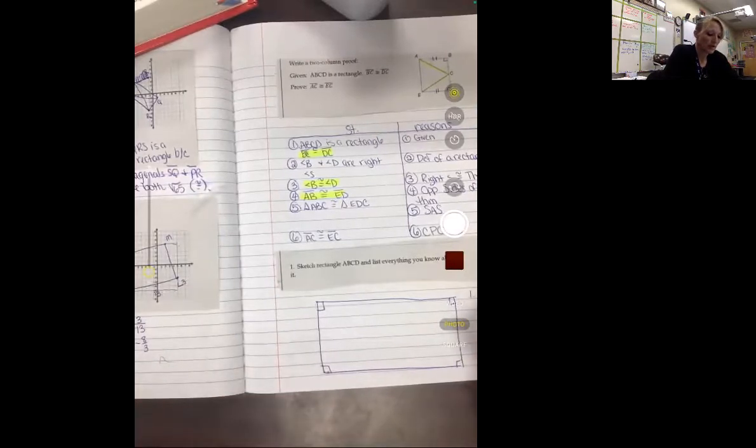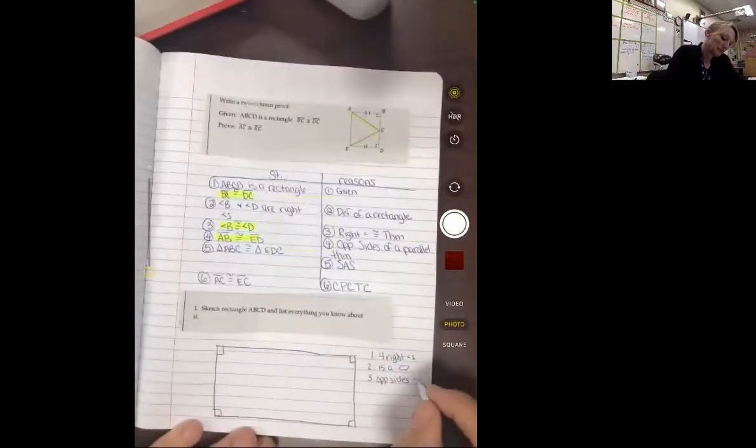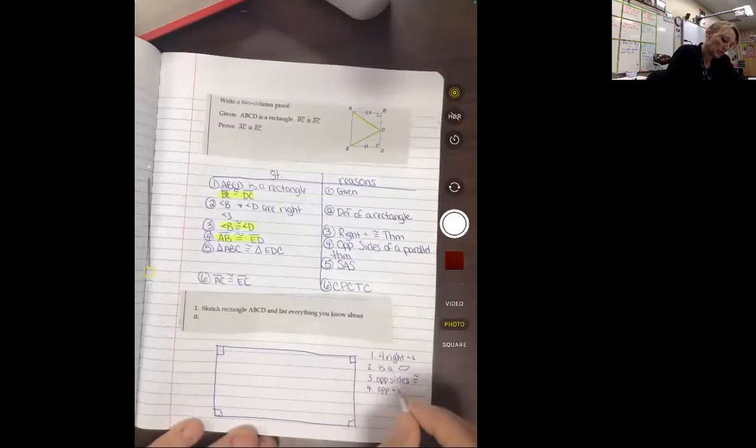Well, we know that it has 4 right angles. We know that it is a parallelogram. And if we know it is a parallelogram, we know that opposite sides are congruent. We know that opposite angles are congruent.